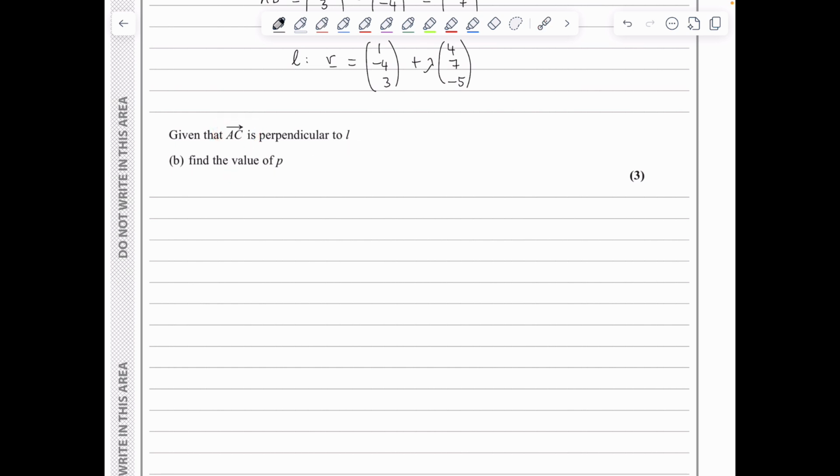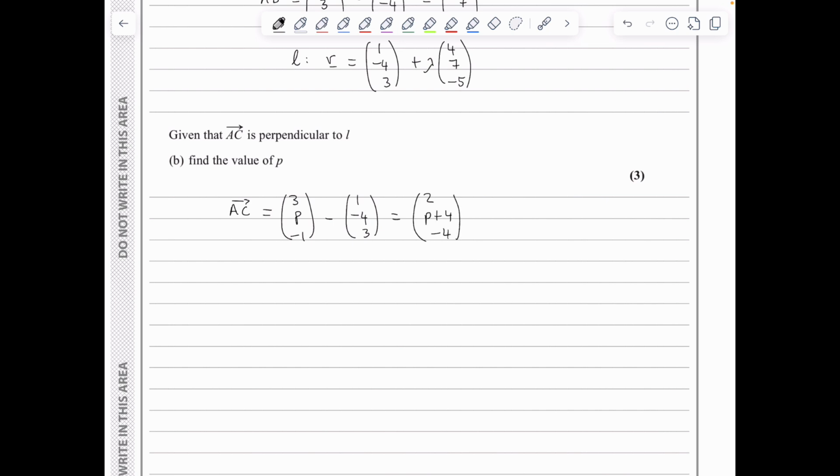We then have that AC is perpendicular to L and we need to find the value of P. Well, I will start by finding the vector AC, so I'll be doing C minus A. So we're looking at 3P, negative 1 minus the 1, negative 4, 3. This gives an answer of 2P plus 4, minus 4.